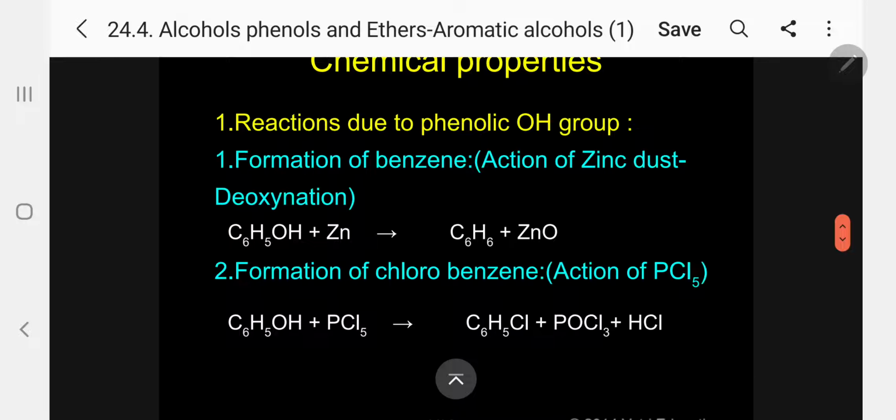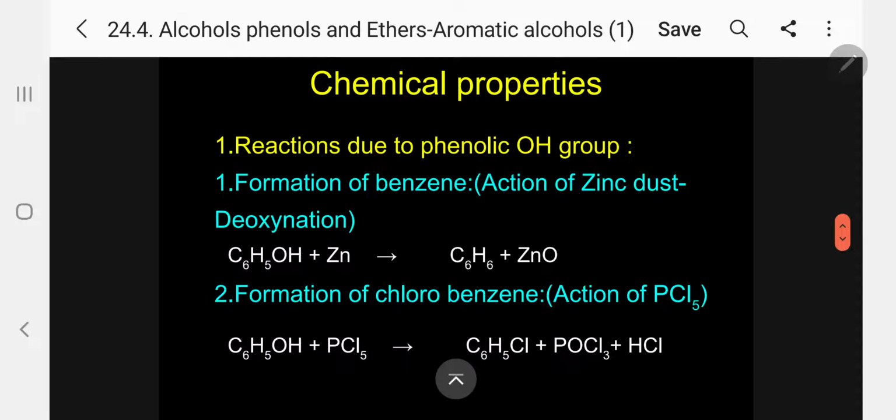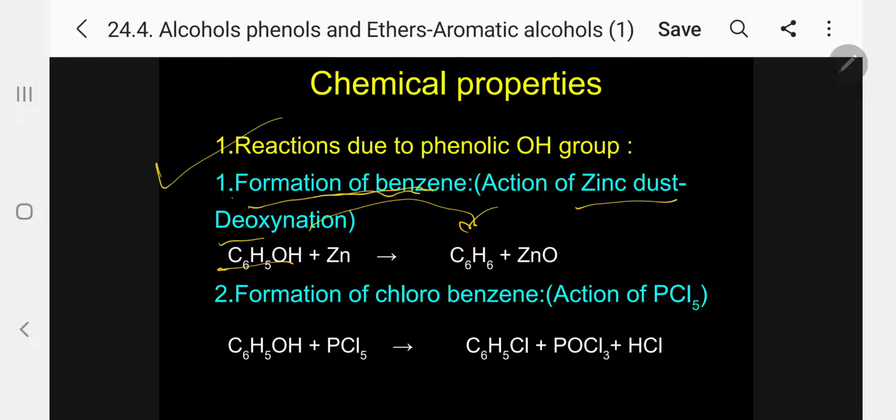So first let me discuss reactions due to the phenolic group. The first one: formation of benzene. From phenol, I can prepare benzene. The reagent is zinc dust, action of zinc dust.